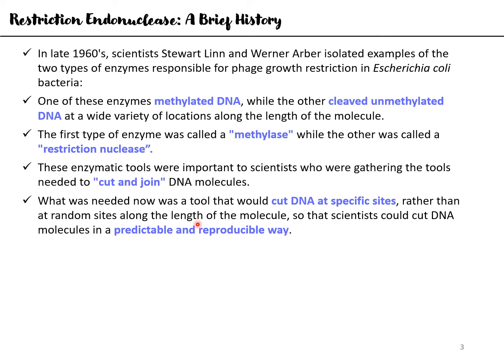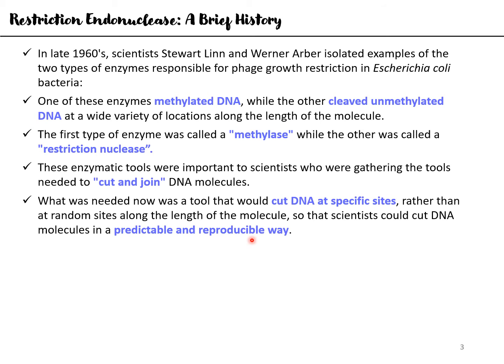What was needed now was a tool that would cut DNA at specific sites rather than at random sites along the length of the molecule, so that scientists could cut DNA molecules in a predictable and reproducible way. This specificity is required for ensuring reproducibility of the cleavage. Because if it is random cleavage, then there would be a lot of batch to batch variation and you can't really control it.